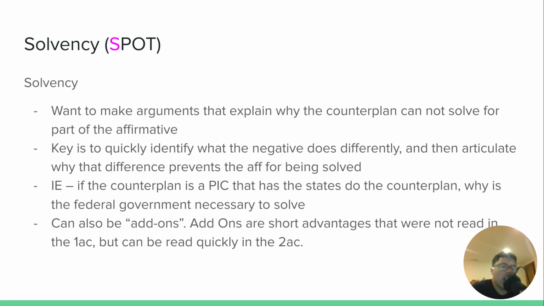So if it's a states counterplan, you need an add-on that is one or two cards long that relies upon federal government action. And if it's not federal government action, it wouldn't be able to solve for the affirmative.